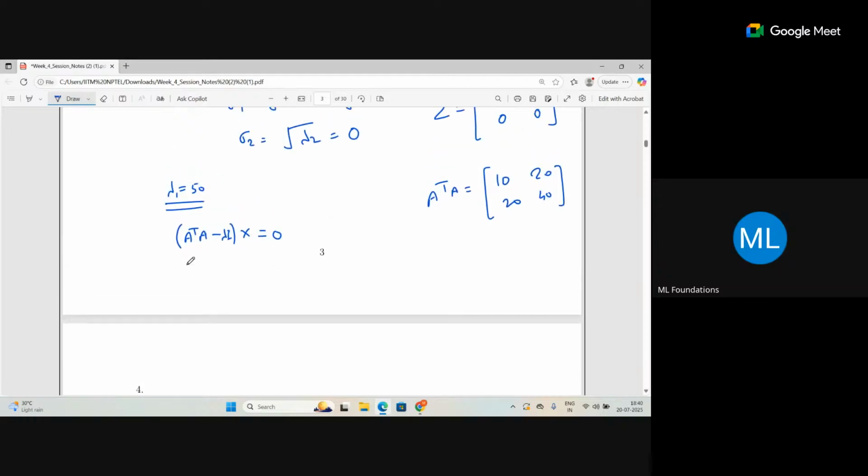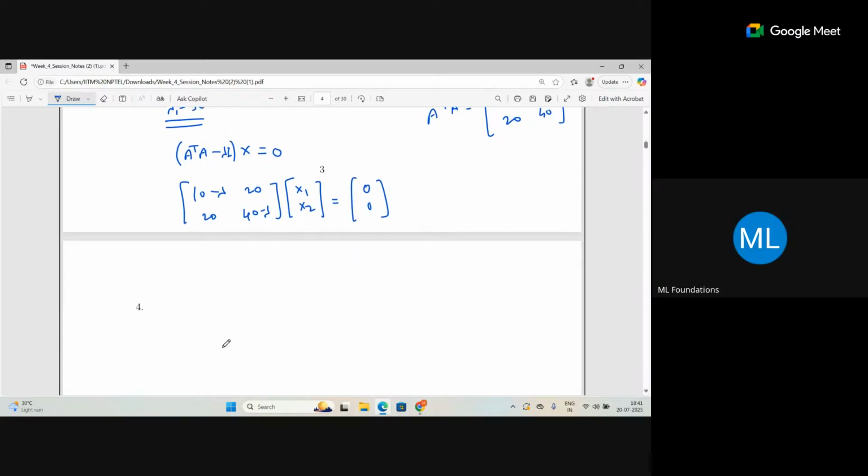So here it will be 10 minus lambda, 20, 20, 40 minus lambda, times x1, x2, equal to 0, 0.